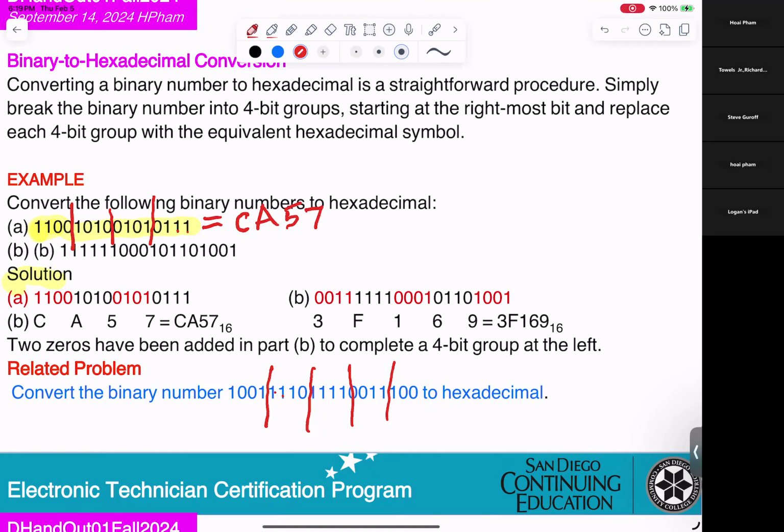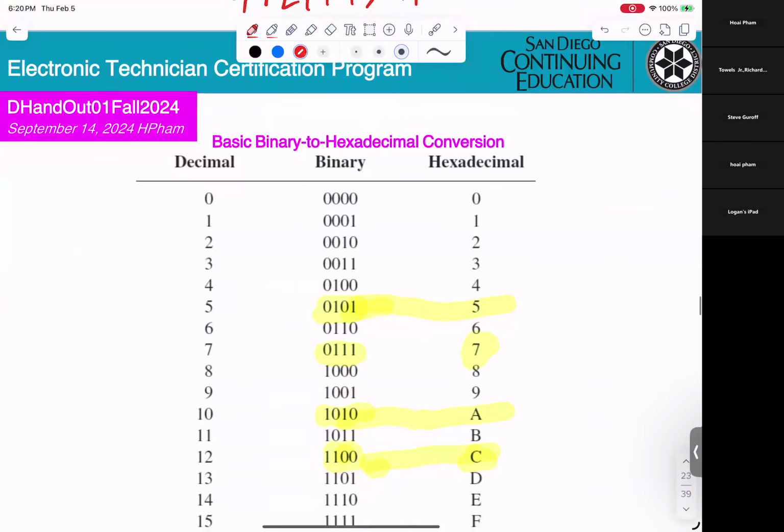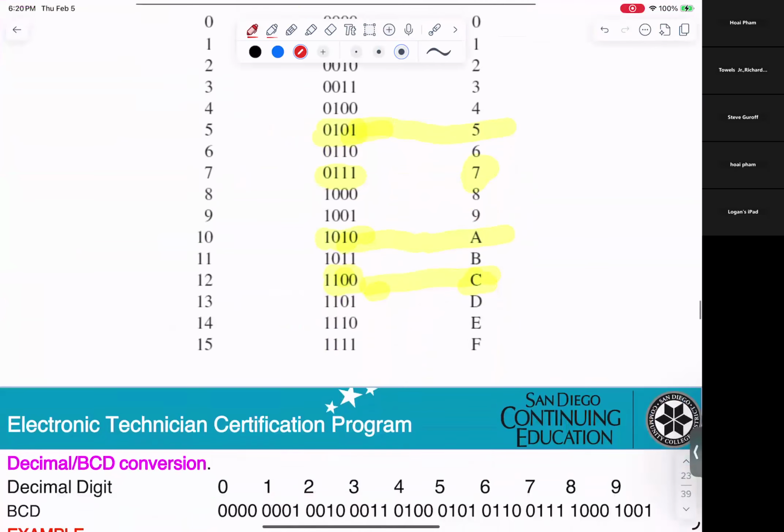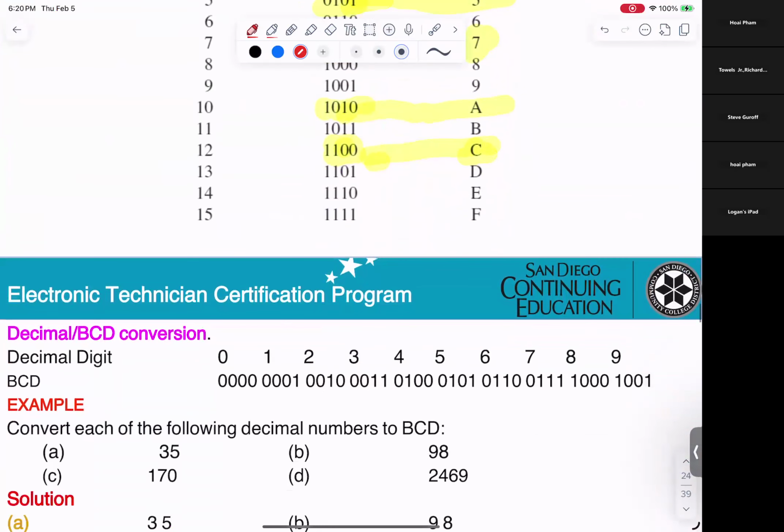Then 1, 0, 0, 1, I know, number 9. 1, 1, 1, 0, E. 1, 1, 1, 1, F. 0, 0, 1, 1, 3. Very simple. This table, you have to know how to convert it. However, after a while, you get a lot of practice.